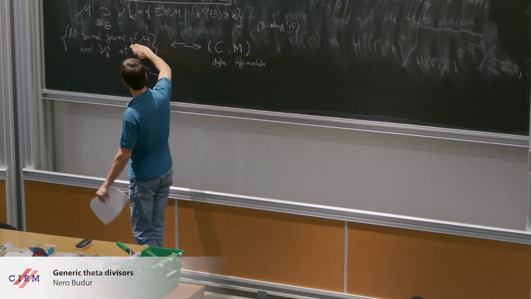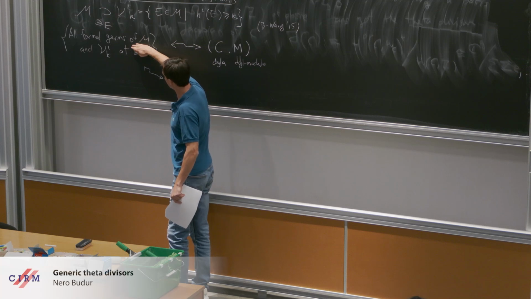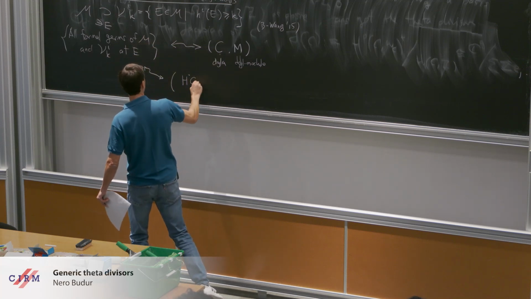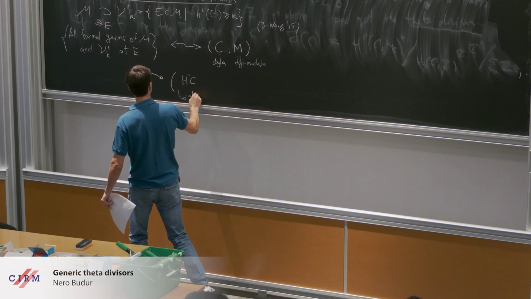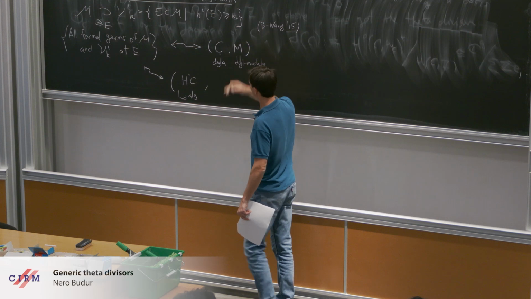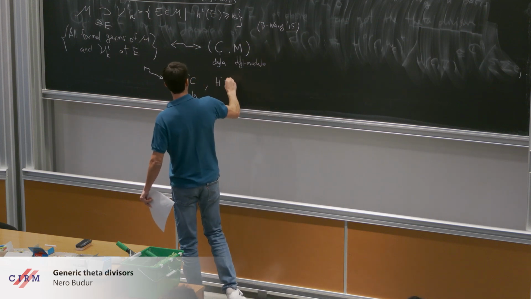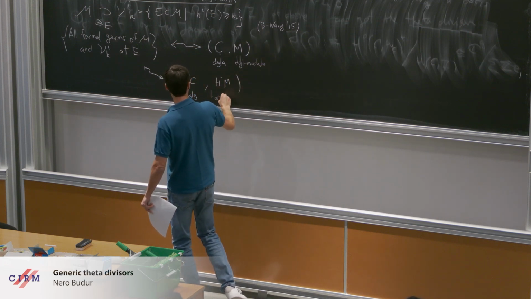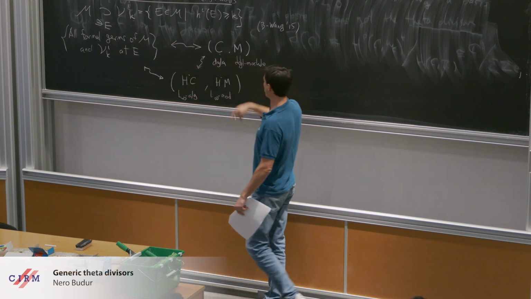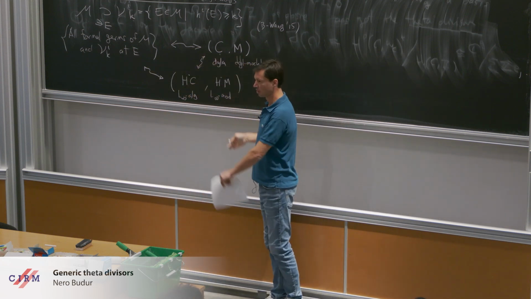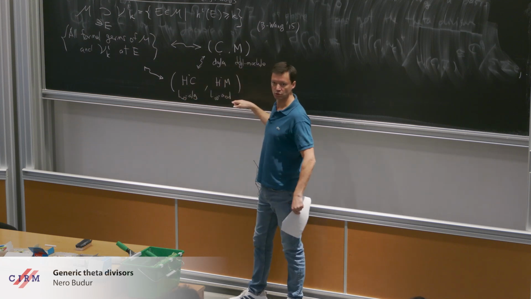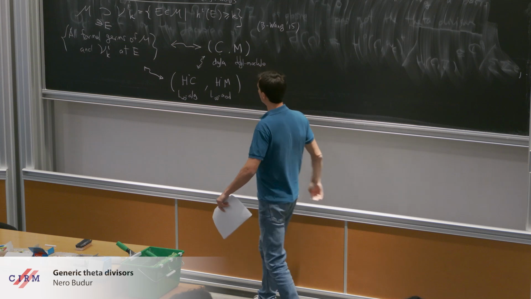So the classical answer for the local structure of M at E is given by the cohomology of C, but as an L-infinity algebra. And now we also need the cohomology of M. And this is going to be as an L-infinity module. If you start with the DGLA pair like here, then taking their cohomologies, you naturally have L-infinity algebra and L-infinity module structures on their cohomologies.